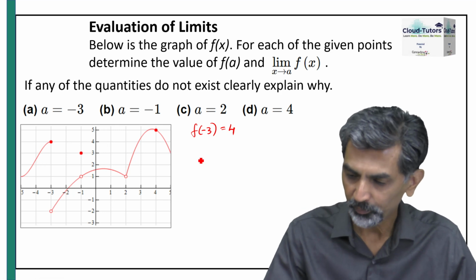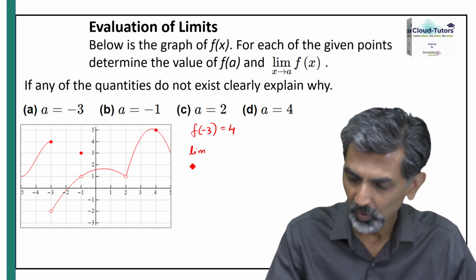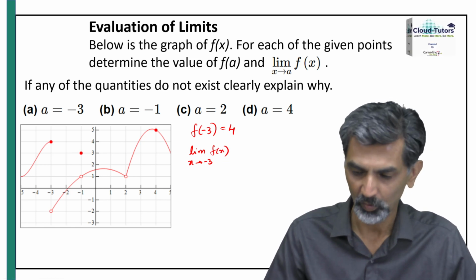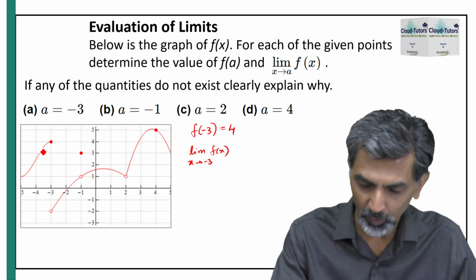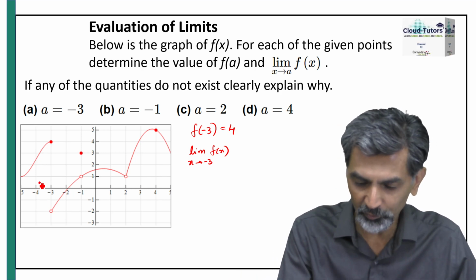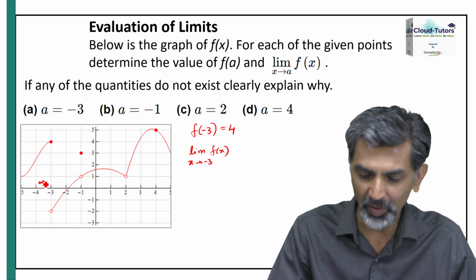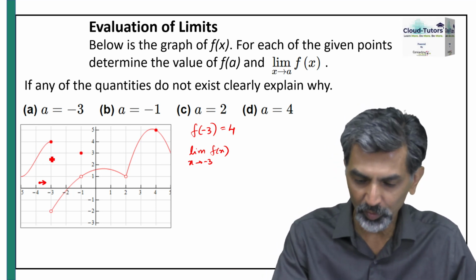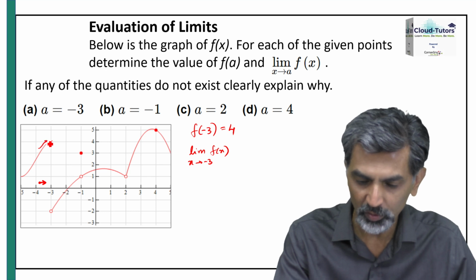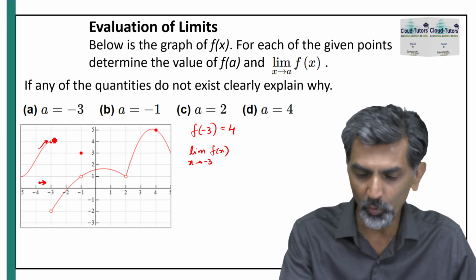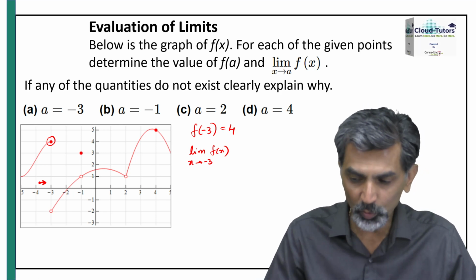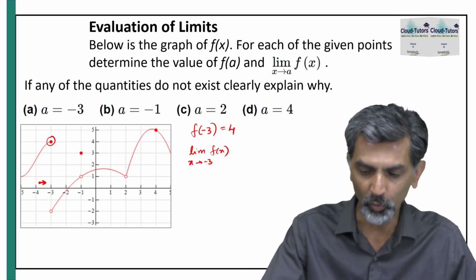But what about the limit of the function as x approaches negative 3? When you approach negative 3 from the left hand side, from values of x lesser than negative 3, you will see that the function approaches the value 4 here. As you approach x from the left hand side, the value of the function approaches 4.